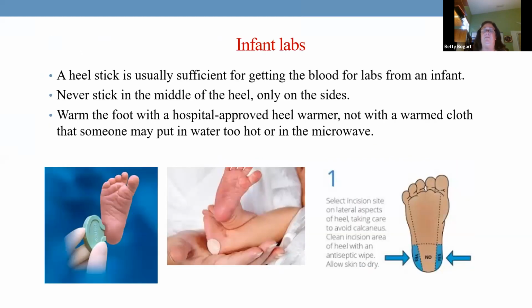Now, drawing blood from an infant can be very easy, okay? We do heel sticks on them. And what we do is the sides of the heels. We never get in the middle. And how do we do this the easiest and least painful for these children? Well, we use a hospital-approved heel warmer and put it on the foot and warm it up, and the foot vessels dilate, right?